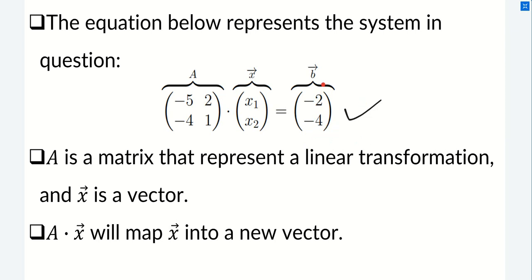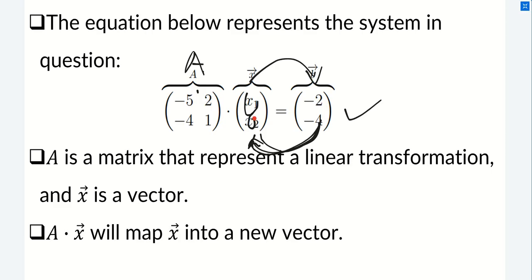I explained that A is going to transform X to this place. So we can also transform this back. If we can get back, the values we get back are X1 and X2.